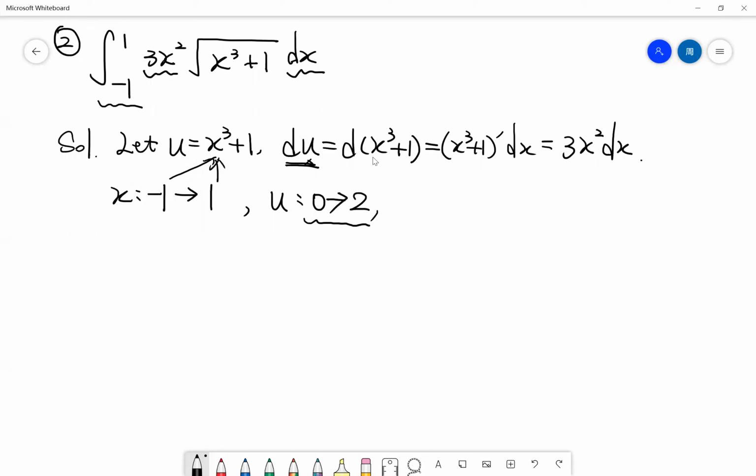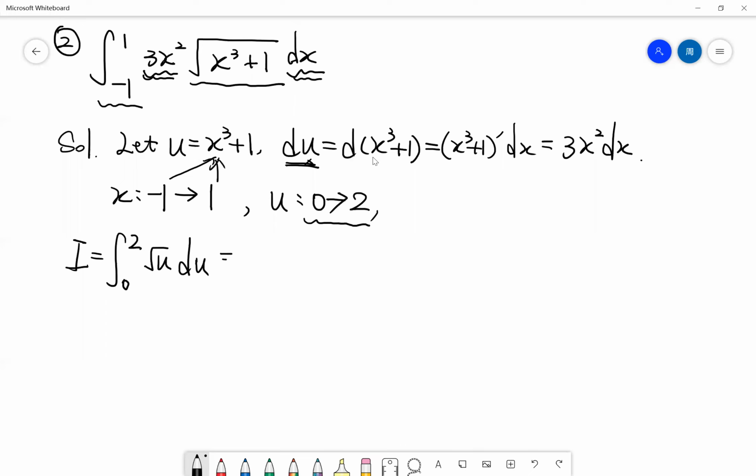So the original definite integral can be changed to the integral from 0 to 2 of the square root of u, right? And then 3x squared dx means du.